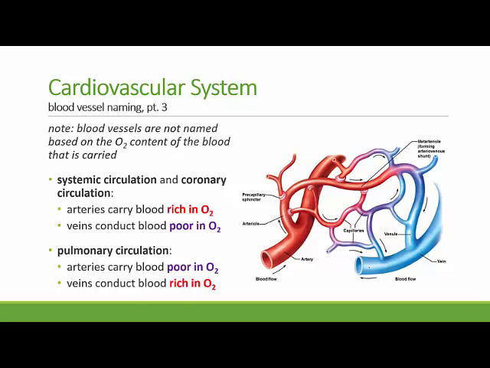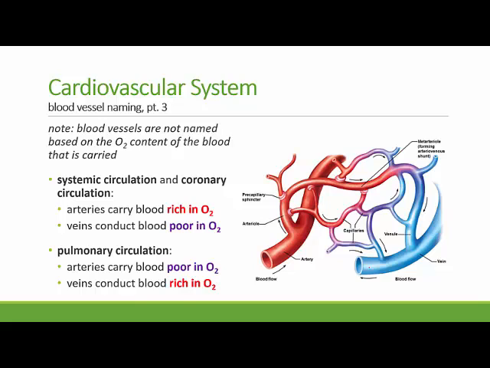So in the systemic circulation, this is blood that is leaving the left ventricle, and in the coronary circulation, also blood that has just left the left ventricle, the arteries are carrying blood that's rich in oxygen, and it carries the blood out to the tissues. The tissues will take up the oxygen and will release carbon dioxide into the blood.